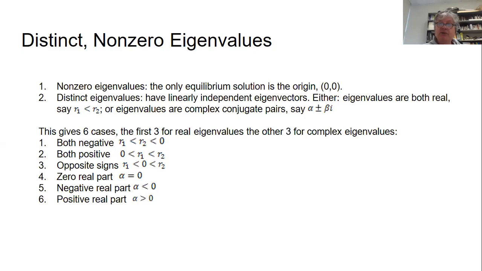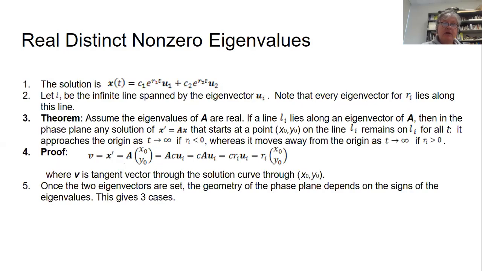Okay, so let's look through the cases. First, let's look at the case where we've got real eigenvalues. Okay, so we know the solution. Since we've got distinct eigenvalues, we've got 2 eigenpairs, and so we've got exponentials going in the direction of those eigenvectors. Okay, so we need a little theorem.